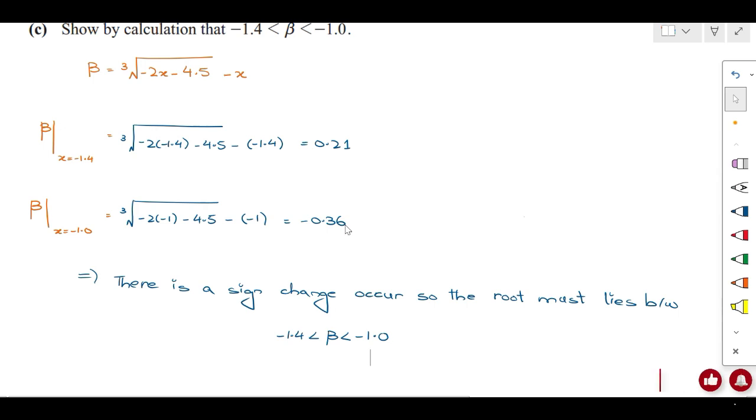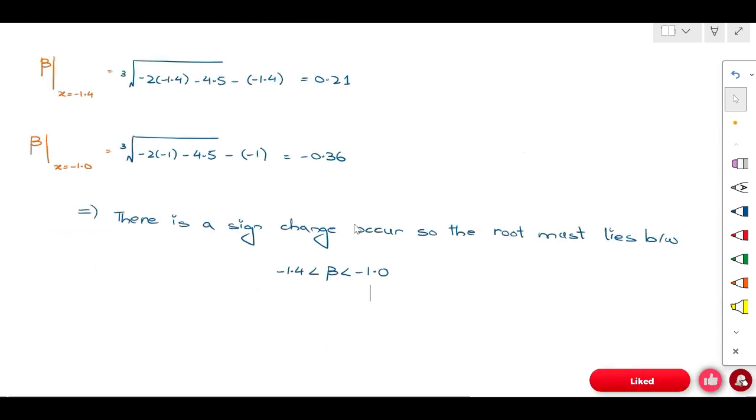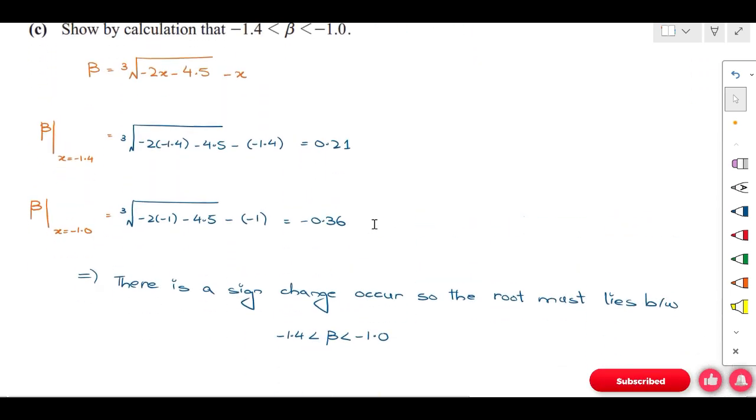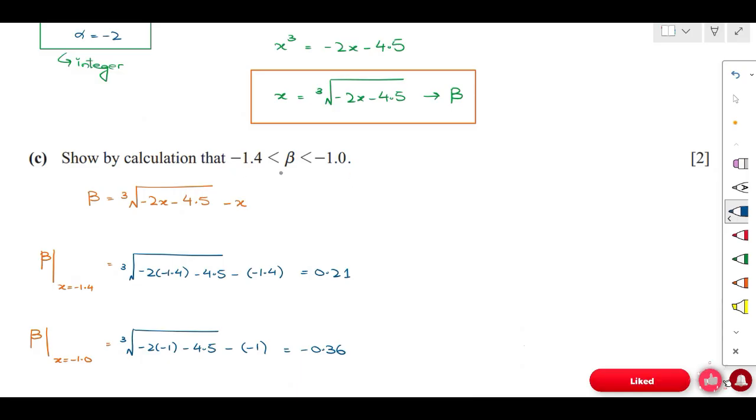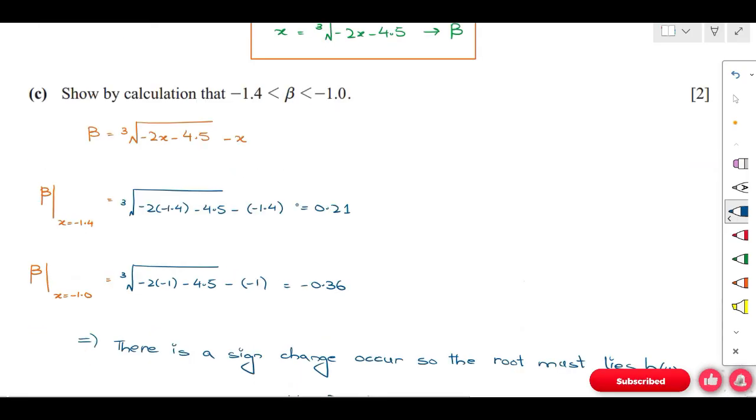So when there is a sign change, the root must lie between these two values. We just needed to show by calculation that beta lies between these two values.